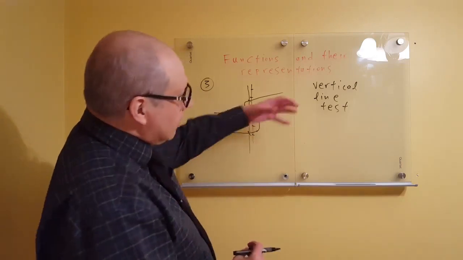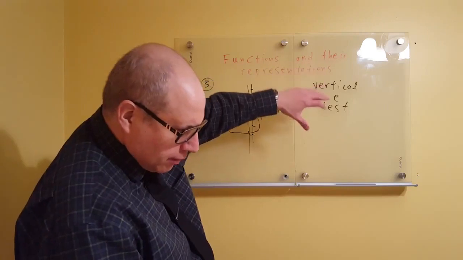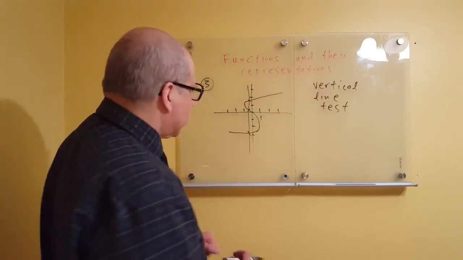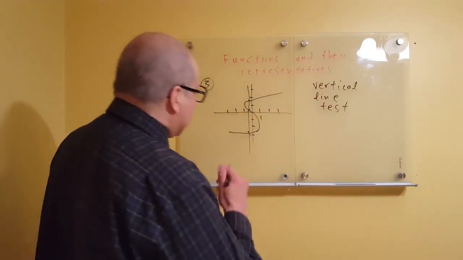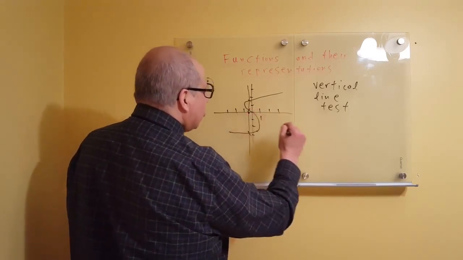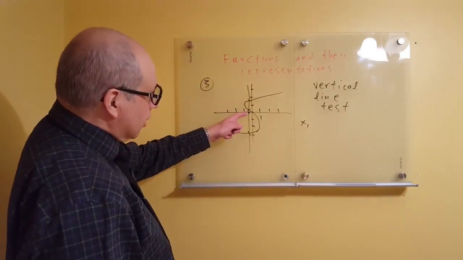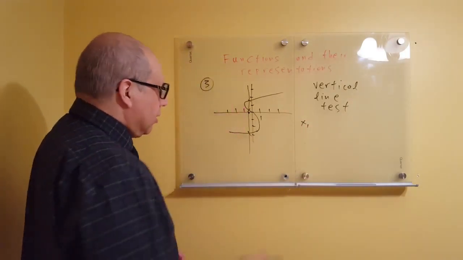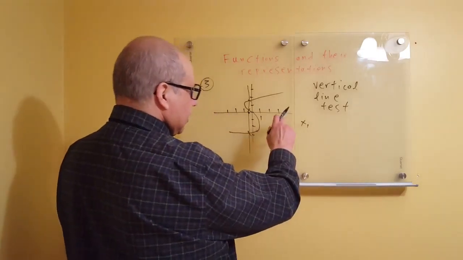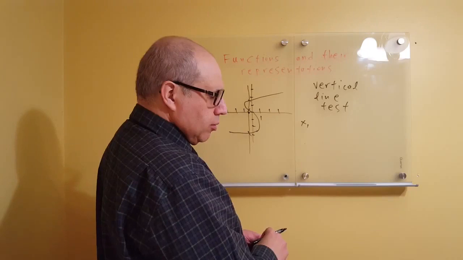But let me help you understand why this contradicts the definition of the function that we stated earlier. Let's say for this value here, let's call it x1, in the domain, because the x-axis corresponds to the domain and the y-axis corresponds to the range.